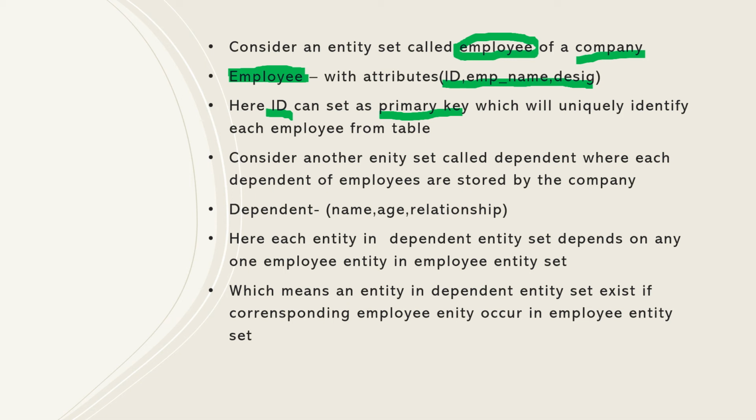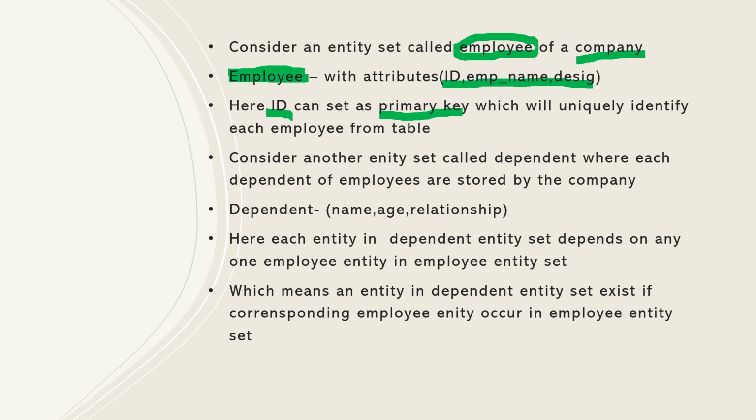Suppose the company is interested in storing the dependents of Amar, or the dependents of each and every employee. That may be stored in another table, which stores all the dependents of each and every employee in Infosys. I'm just taking it as an example.